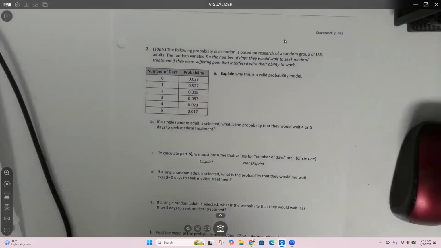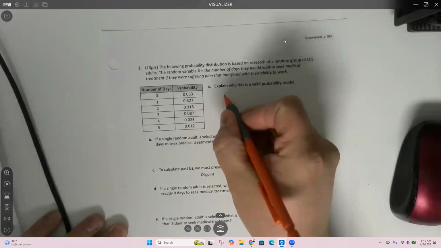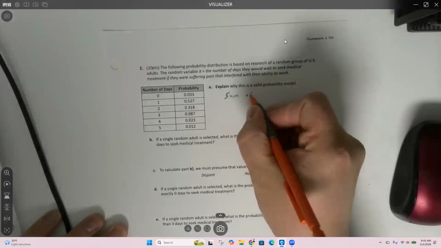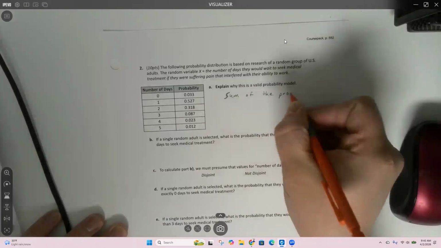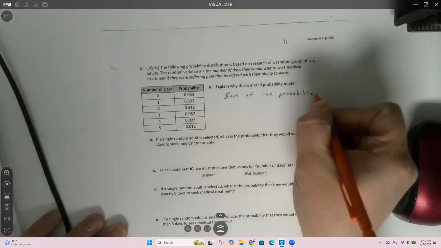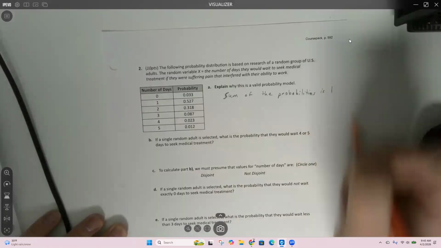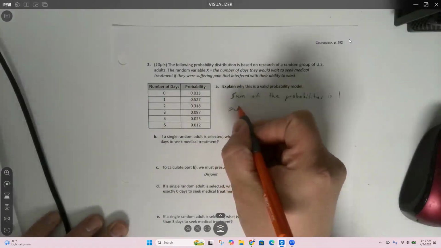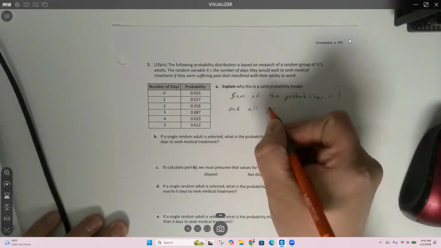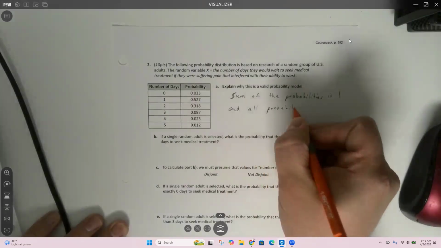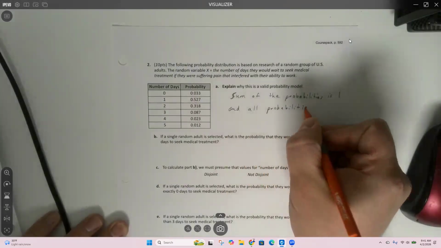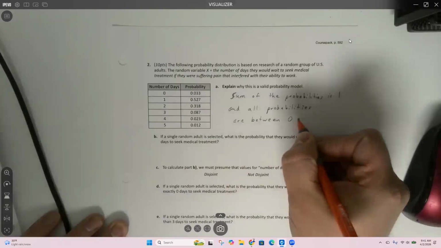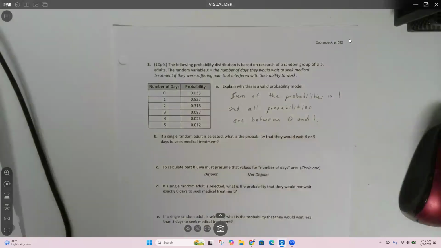So it's a valid probability model because the sum of probabilities is 100%, right? This adds up to 100%. And all probabilities are between 0 and 1, right?